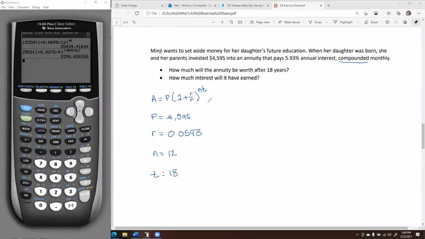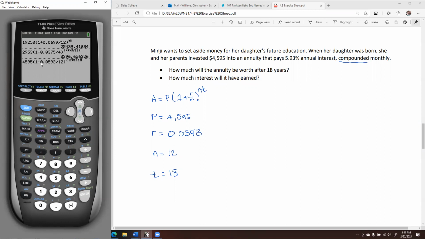All right, so we're going to have 4,595 times the quantity 1 plus 0.0593. Thanks for catching that for me. Divided by 12. We're going to close our parentheses. And then for our exponent, we're going to have n times t, 12 times 18.